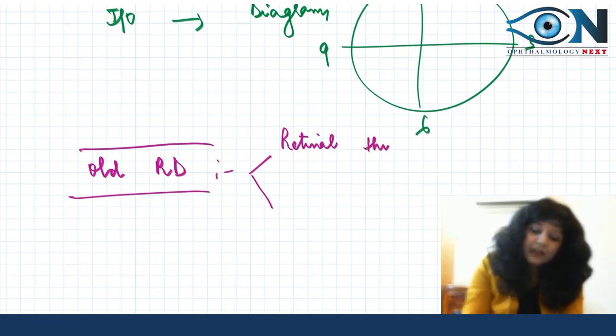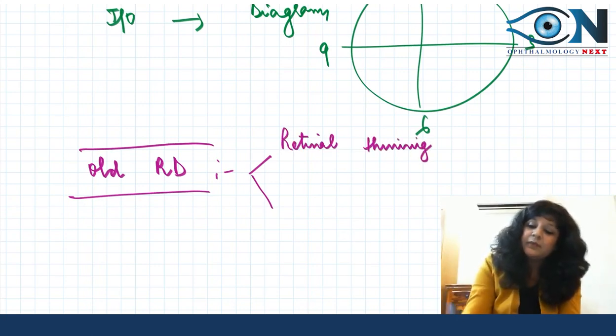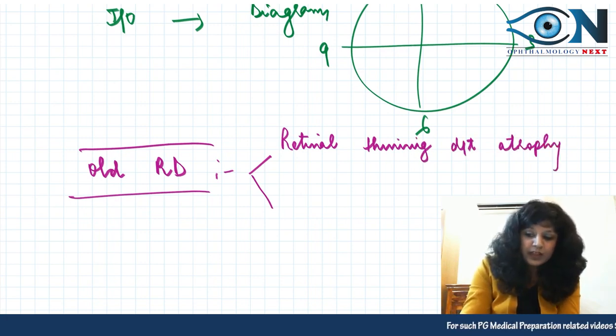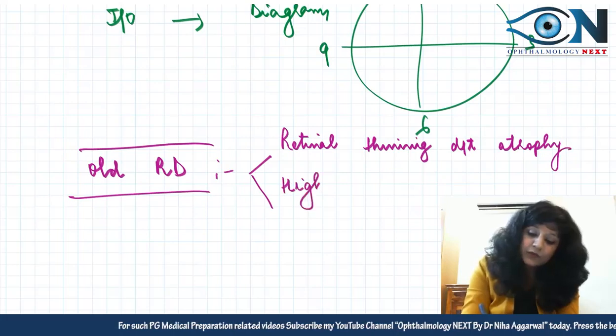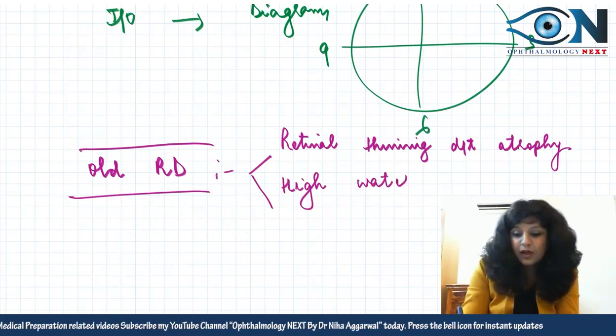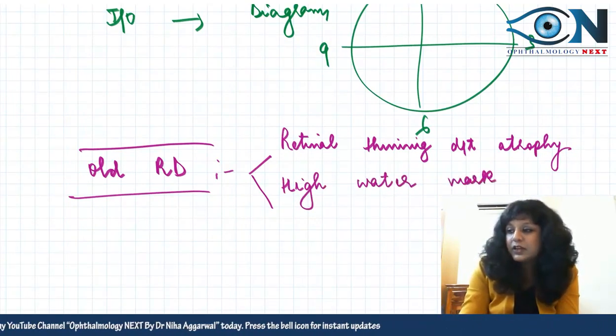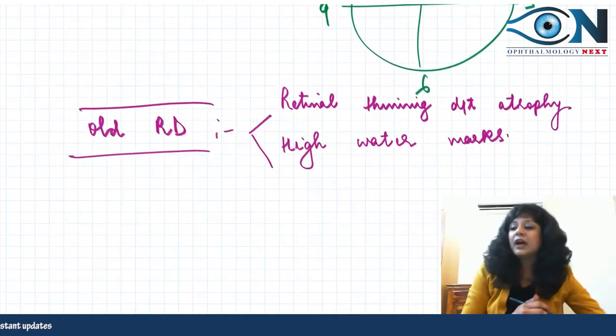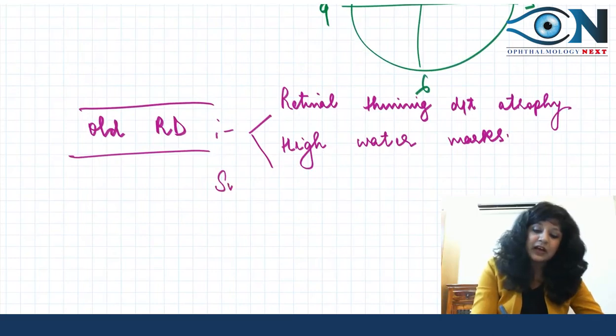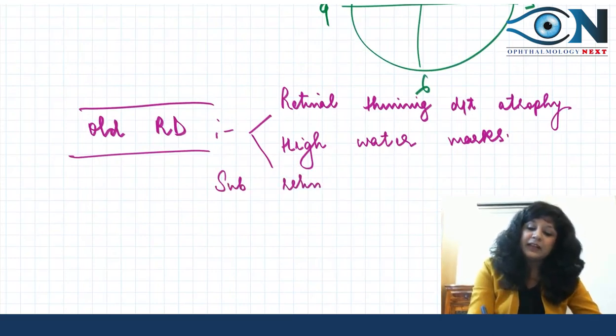Retinal thinning will be evident, due to the atrophy. And secondly, you will see the high water marks. Now, what are these high water marks? High water marks means that you will see a subretinal demarcation line.